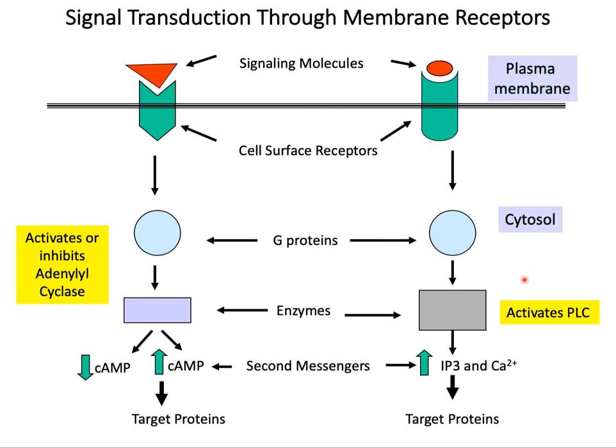The activation of the phospholipase C results in the accumulation of different second messengers, which are IP3 and calcium. These second messengers can then go on and influence the activity of a wide variety of target proteins and often induce changes in gene expression. So let's look more specifically at IP3 and calcium, and then we'll look at the mechanism of this signaling pathway.